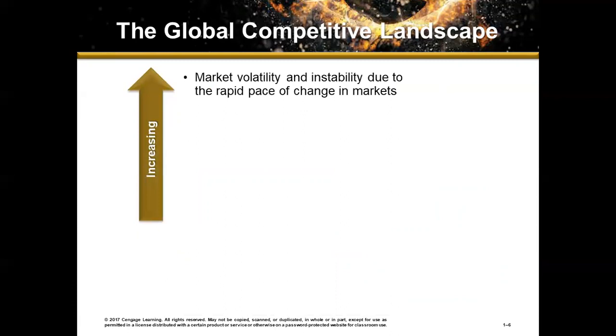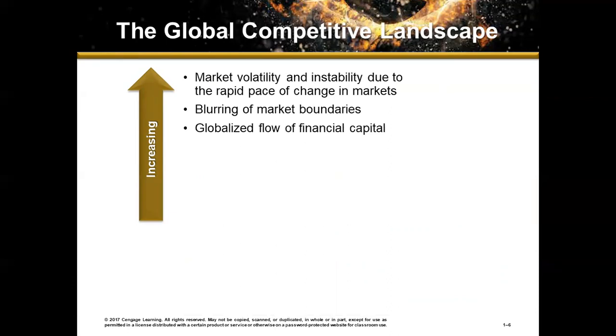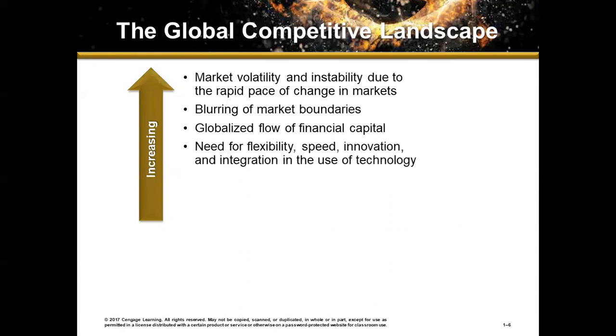In the global competitive landscape, we can see an increase of market volatility and instability due to the rapid pace of change in markets. There's also an increase in blurring of market boundaries, globalized flow of financial capital, and need for flexibility, speed, innovation, and integration in the use of technology.